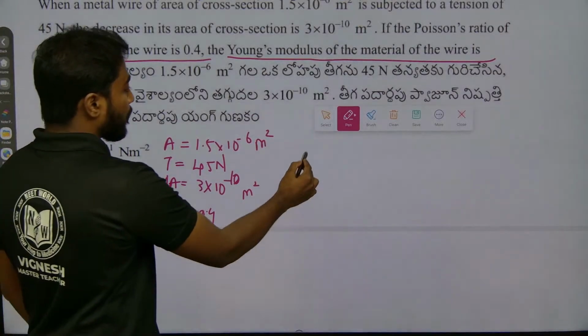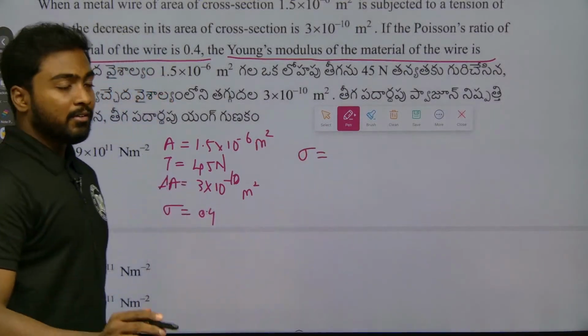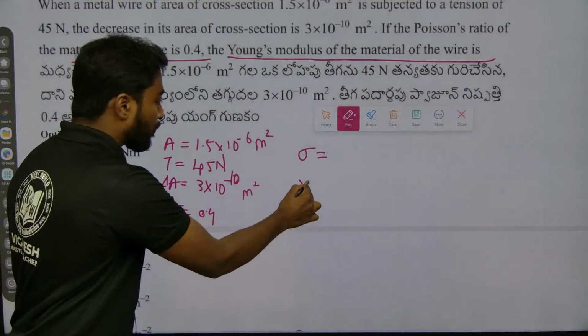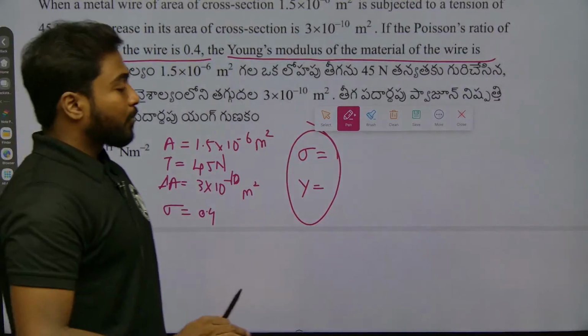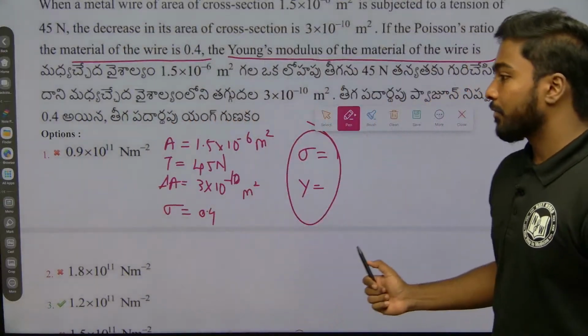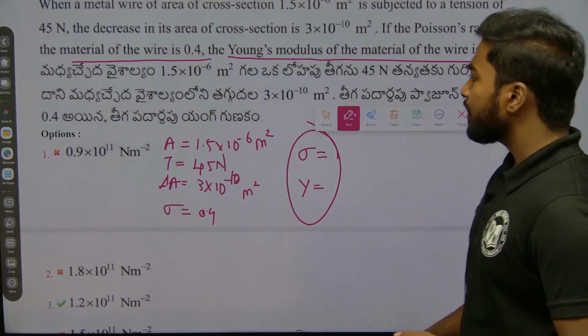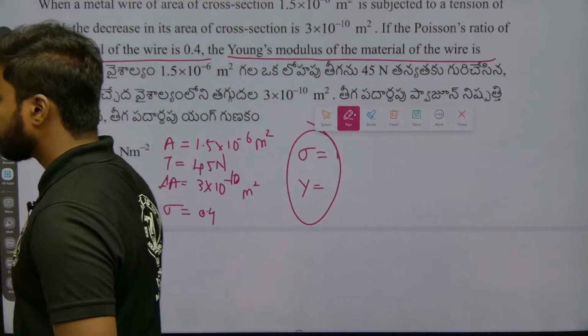So first use the formula for Poisson's ratio, and then I need to use the formula for Young's modulus. So I explained the question, try it out, guys, give the answer for this question now. Okay, you give the answer in the comment boxes.